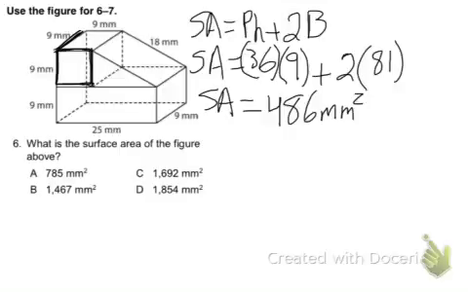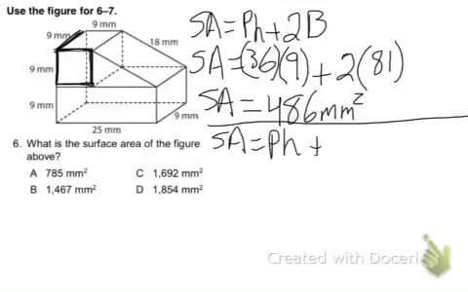Let's do the triangular prism next. As always, we start with the formula. Surface area equals perimeter of the base times the height of the prism plus 2 times area of the base. I'll put this one in red so we can see it. Now let's see, all the way across this bottom piece is 25. Now we know that this is 9 right here.